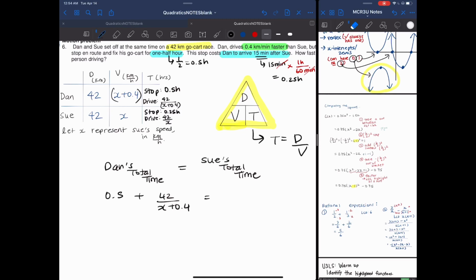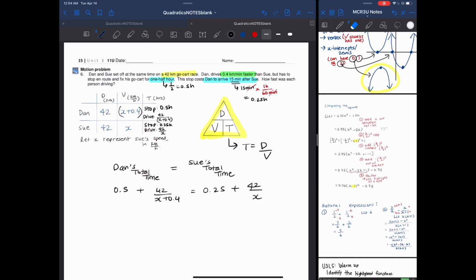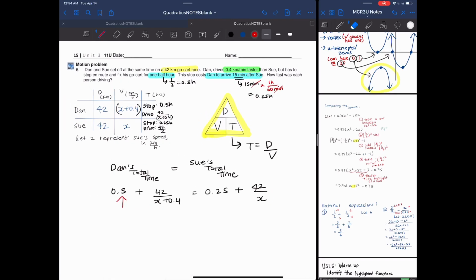And Sue stopped for 0.25 hours, and then she traveled for a time of 42 divided by x. Basically this is the stop, and that's the drive.